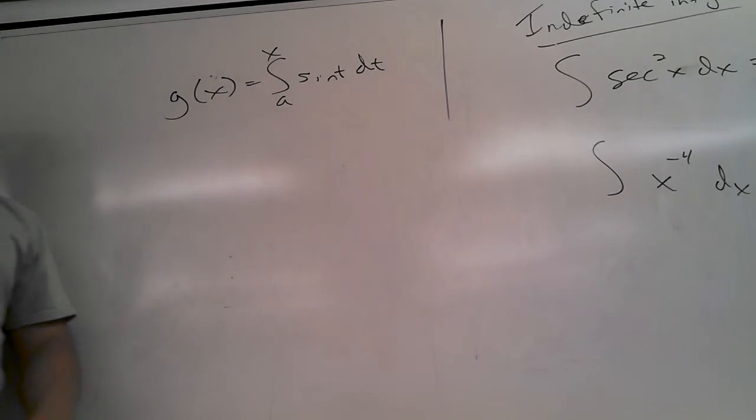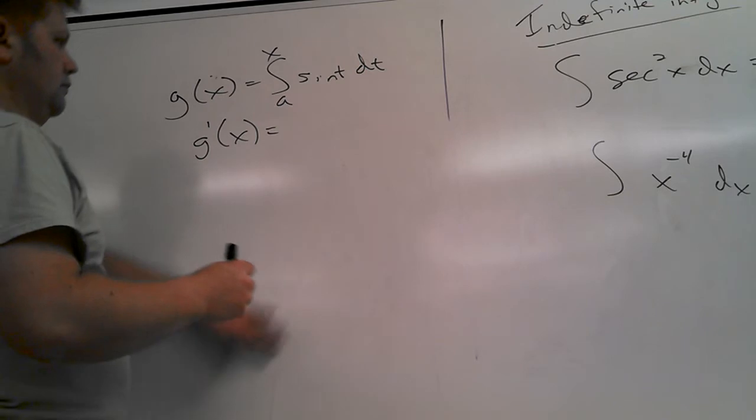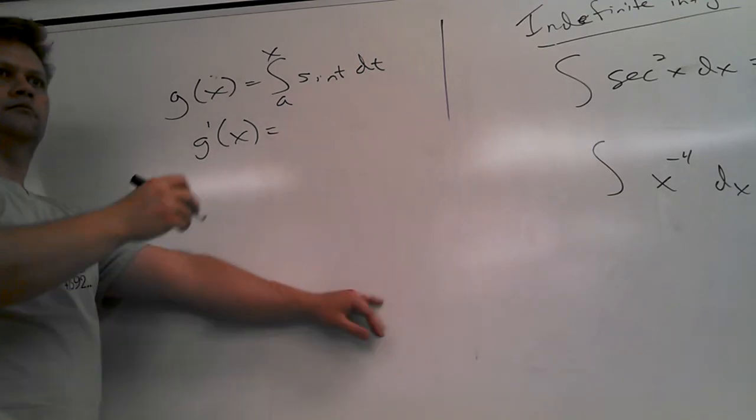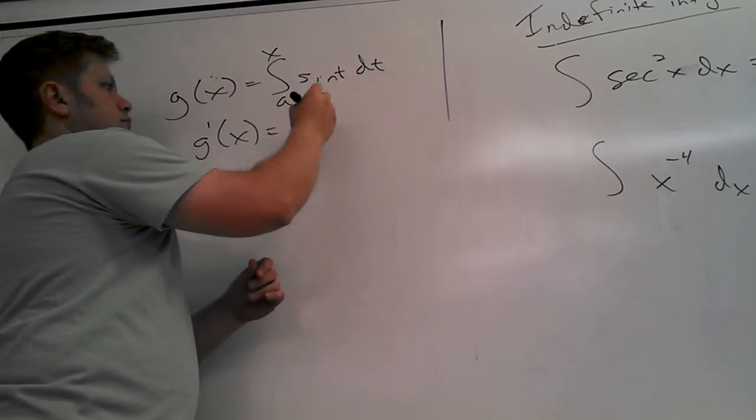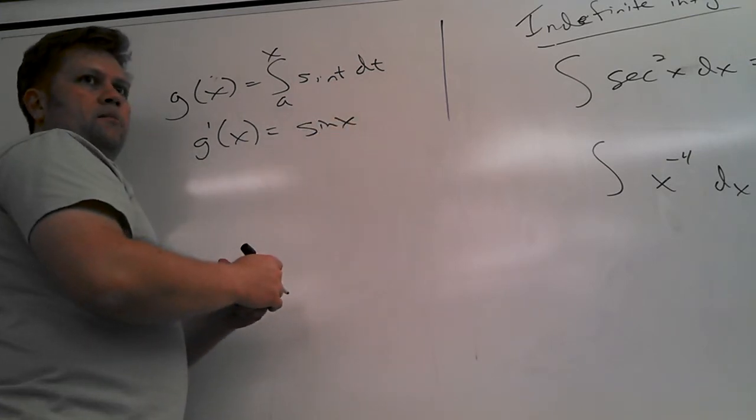We did not do the integral. We took a derivative. So if I do g prime, the derivative of sin A of x, yeah, so this is sine x officially.